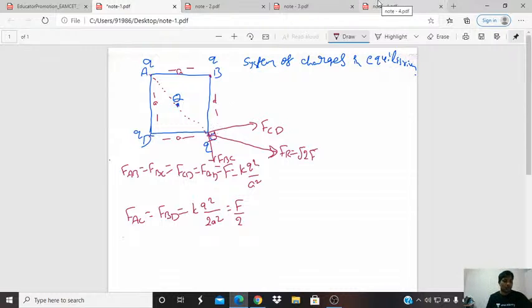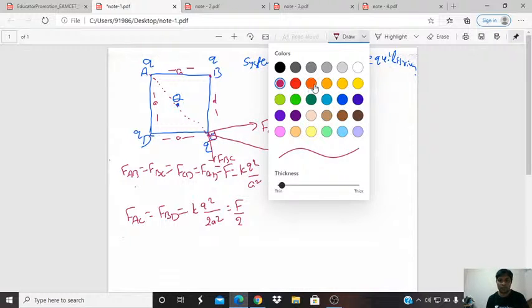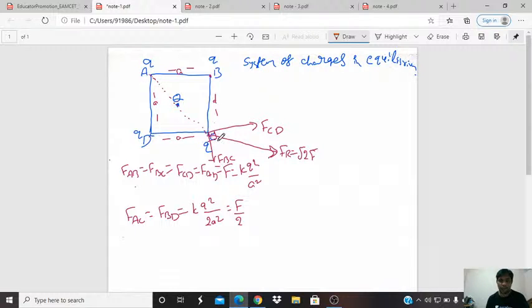Perpendicular to each other means root of P square plus Q square, that is root of F square plus F square, root 2 F. And one more force: due to AC, here one more force FAC will act.